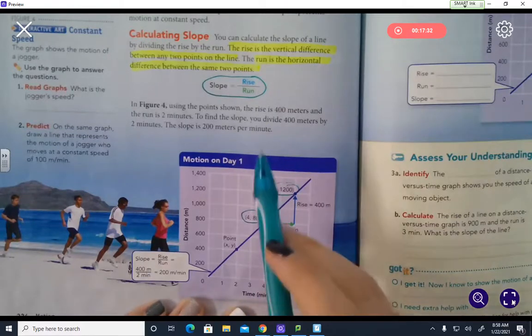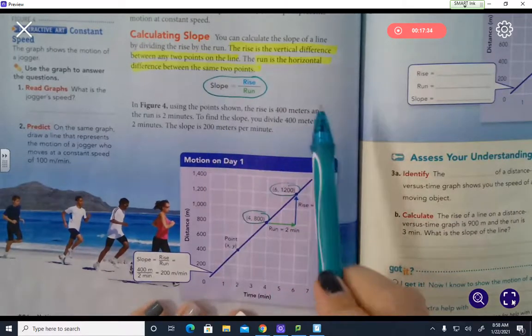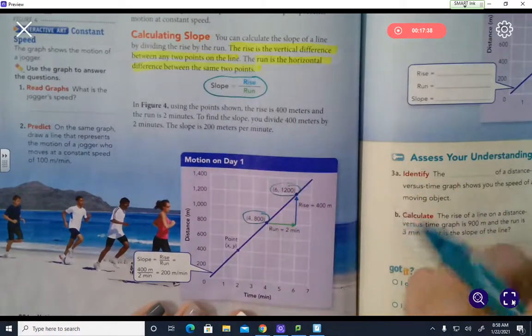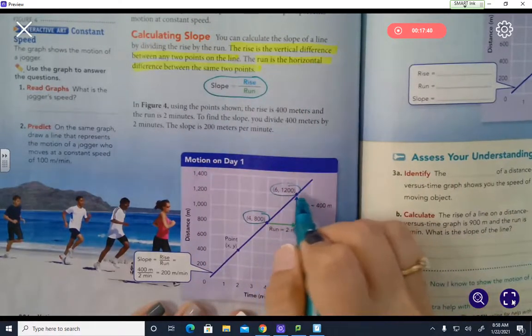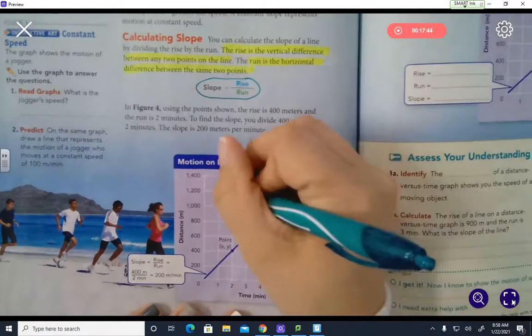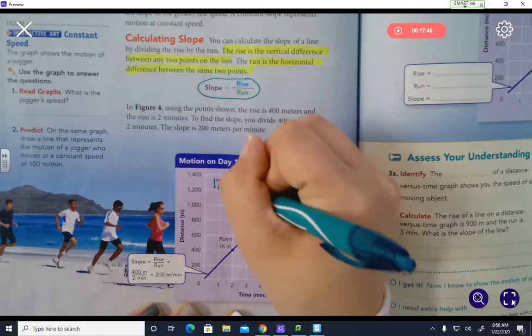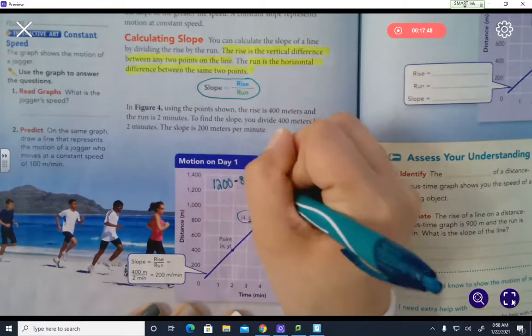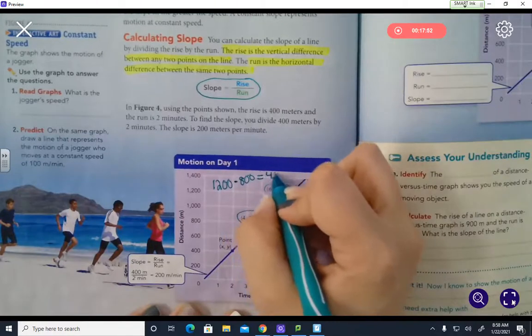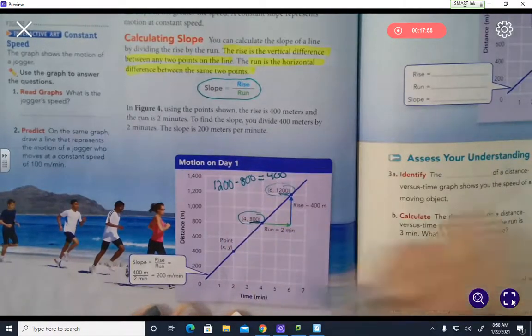They took the vertical distance between any 2 points, which is this number minus this number. So they did 1,200 minus 800, and they got 400. That was their rise.